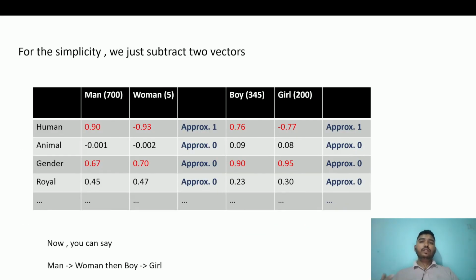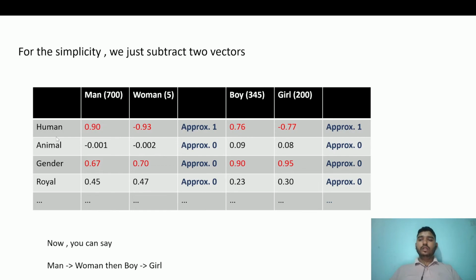For simplicity, we just subtract these two vectors. So here you can see the value 0.90 minus, minus plus 0.97. So obviously the value is approximately 1 point something, and here minus 0.001 minus, minus plus 0.002. So here we got a value of approximately 0 point something, right?